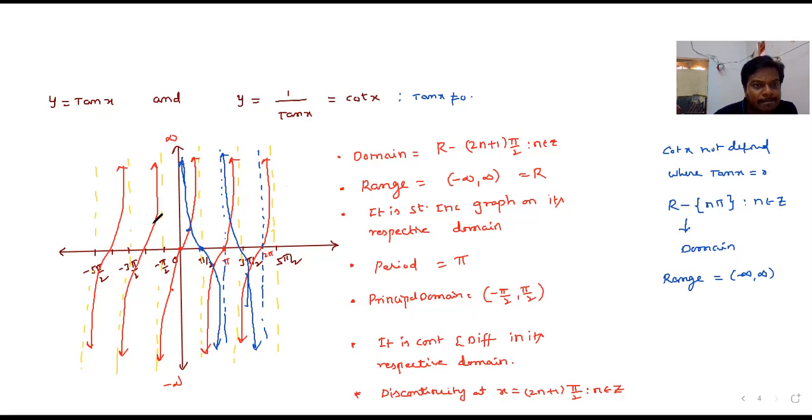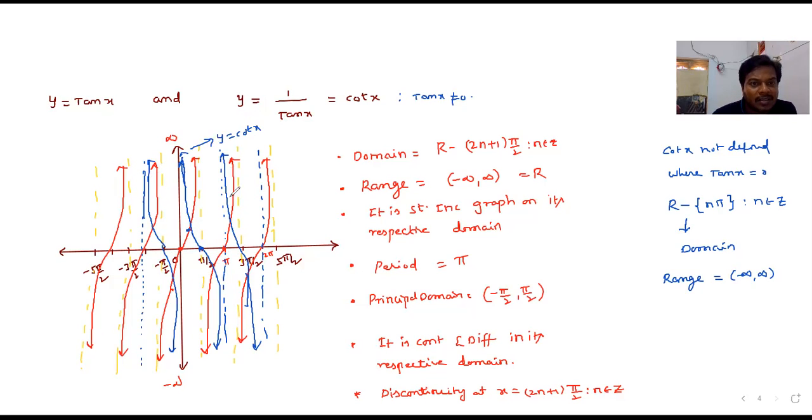Here it is not defined. And the graph of cot x we get like this. This blue colored diagram represents the graph of cot x.